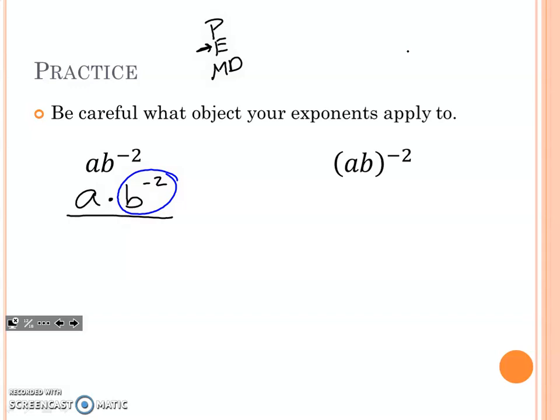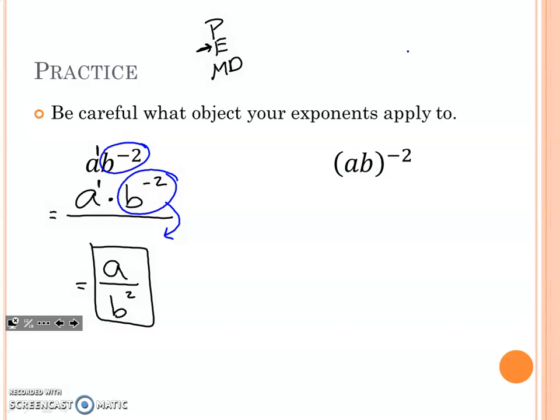Remember that negative exponents cause things to move to the bottom of the fraction, right? So for a times b to the negative 2 power, your a is staying on top because that a has an exponent of 1. A's exponent is positive. However, my b is going to have to move down to the bottom, and that will become a b squared. So a b to the negative 2 is going to be an a over b squared. That negative exponent only applies to the one that it is closest to.